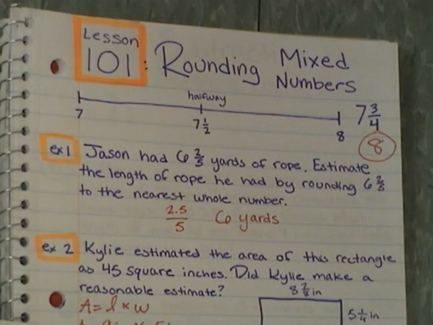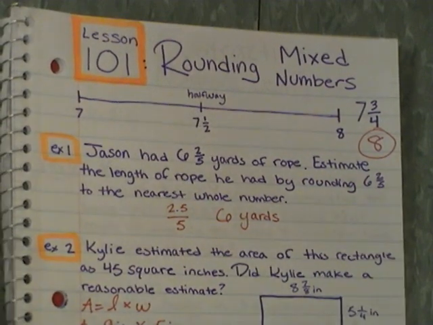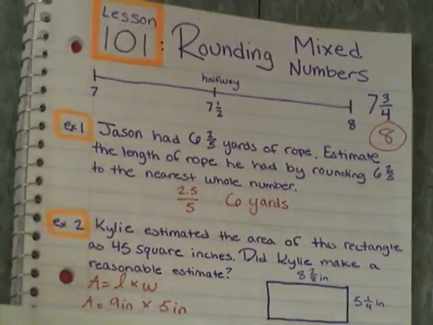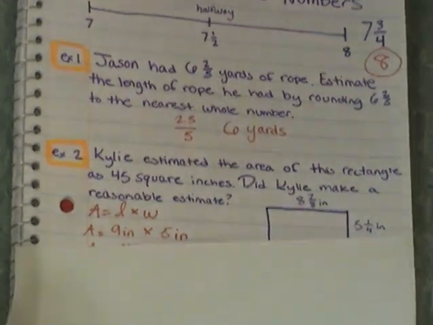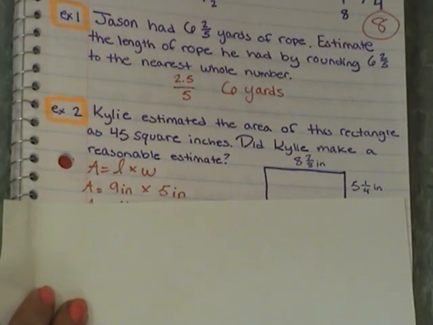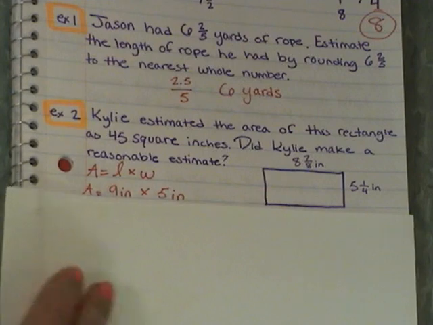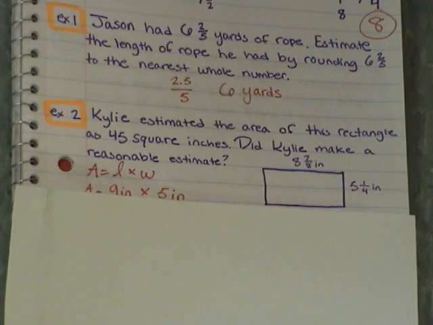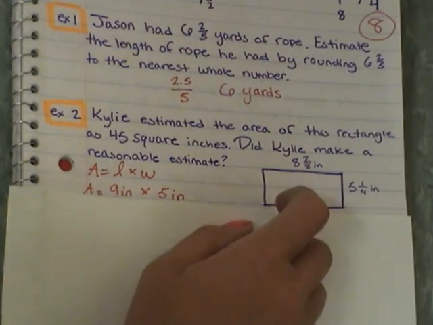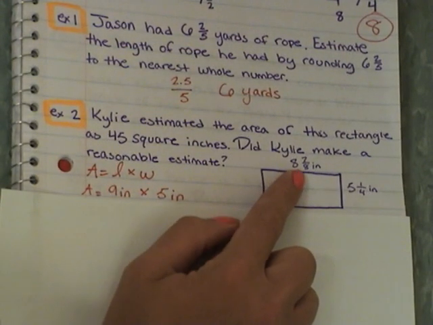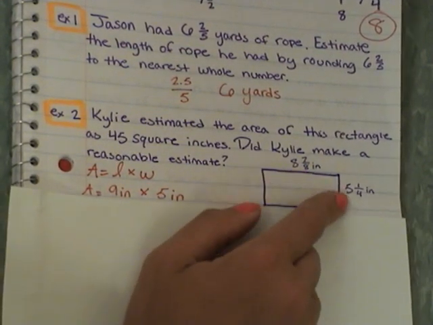Alright, here is the next one. Kylie estimated the area of this rectangle as 45 square inches. Did Kylie make a reasonable estimate? Here I have 8 7/8 of an inch and 5 1/4.